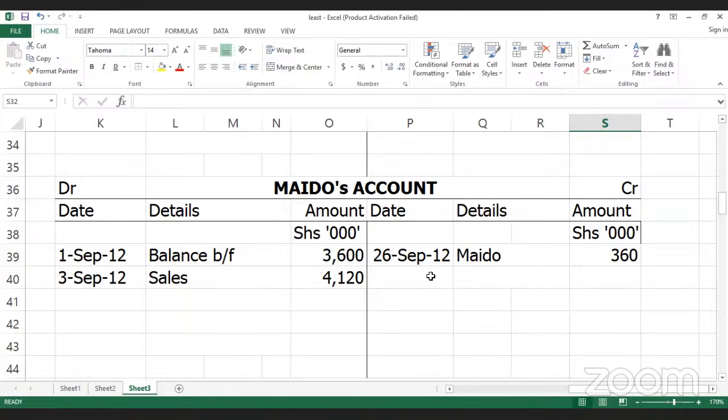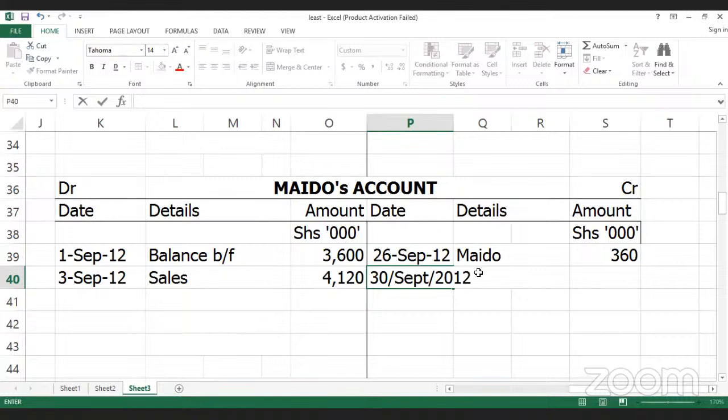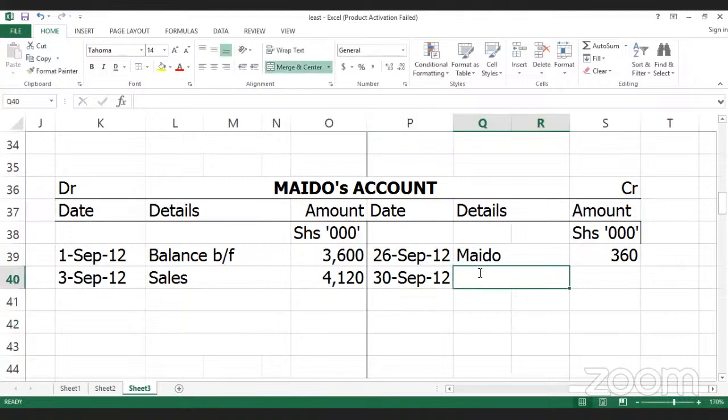So meaning that the balancing figure has to be on the smaller side, and that is the credit. Maido is a credit customer, so meaning that there is still a balance on Maido's account. Balance carried forward.